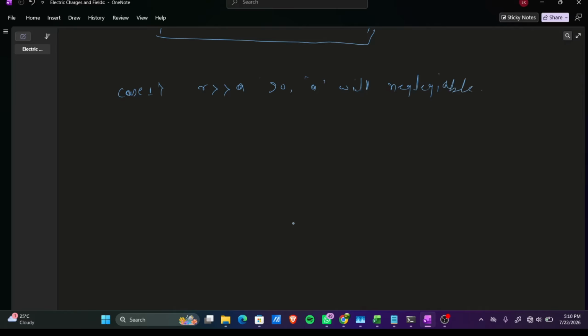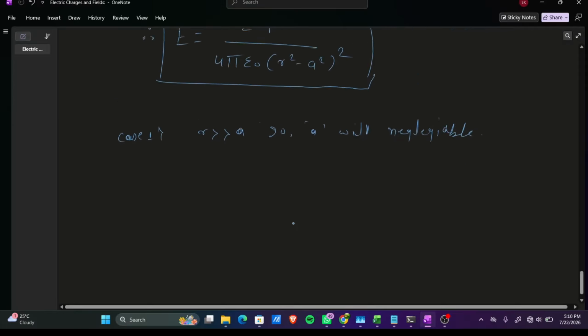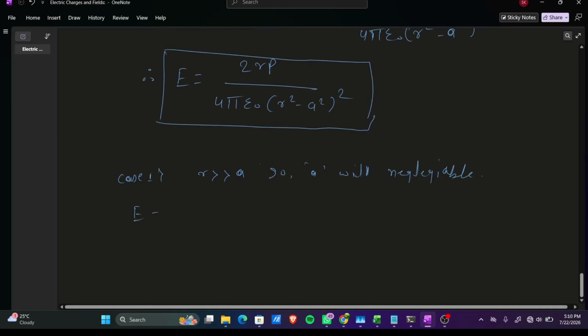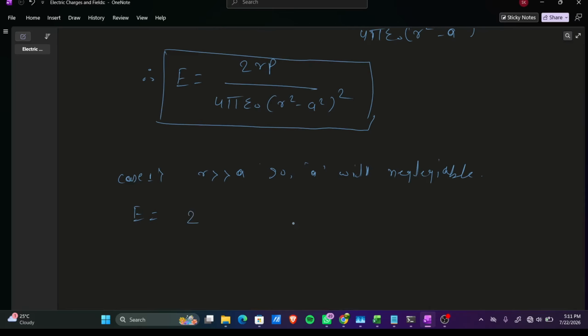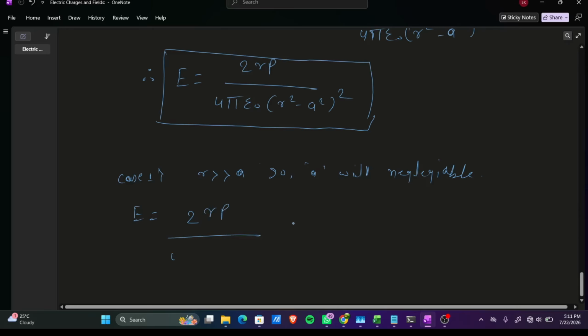So in the formula we have 2rp divided by 4 pi epsilon naught, and we will neglect this whole term, so (r square) whole square.